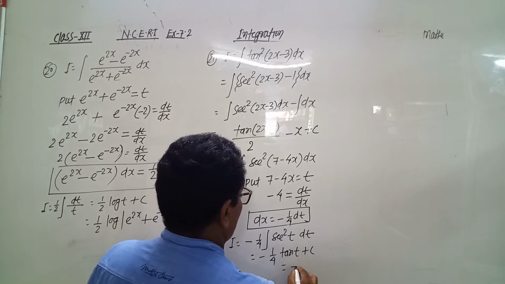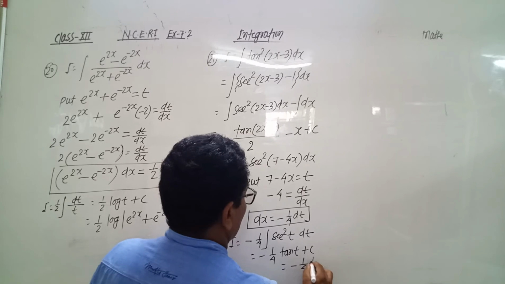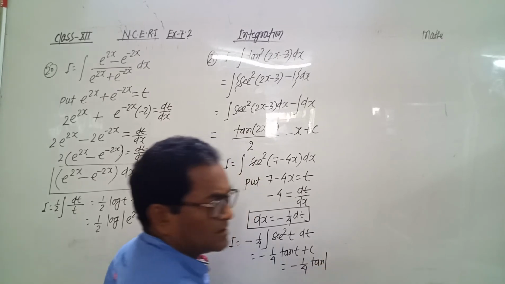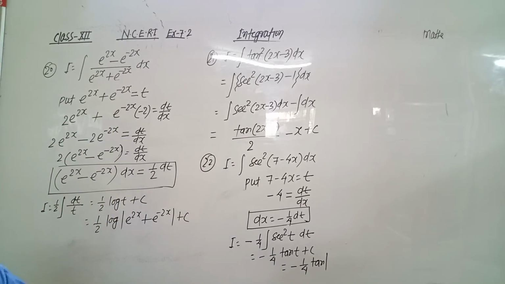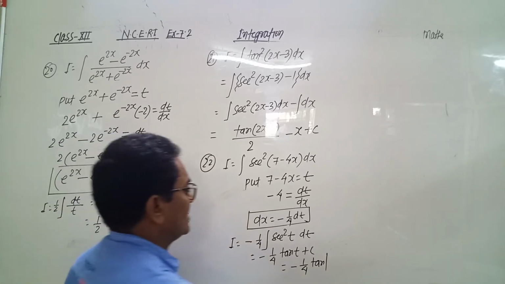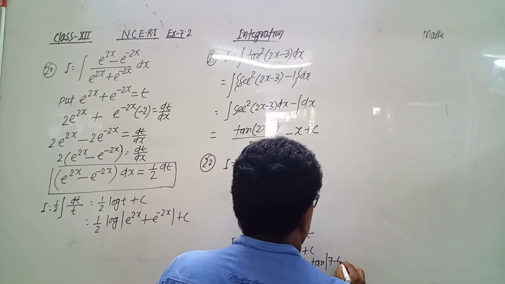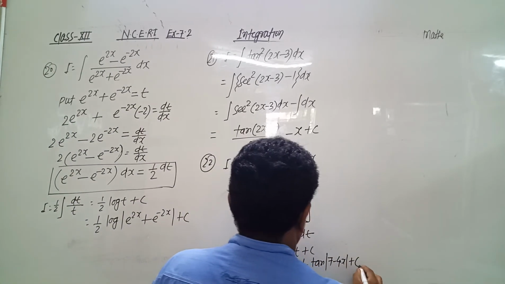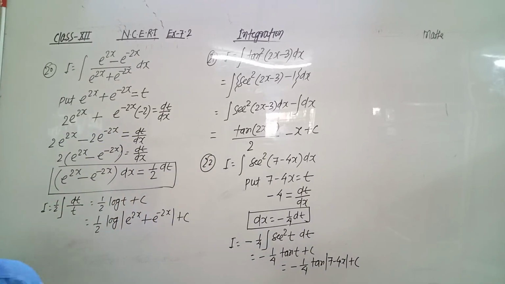Then put the value of t. So minus 1 by 4 tan, the value of t is 7 minus 4x. Minus 1 by 4 tan of 7 minus 4x plus c.